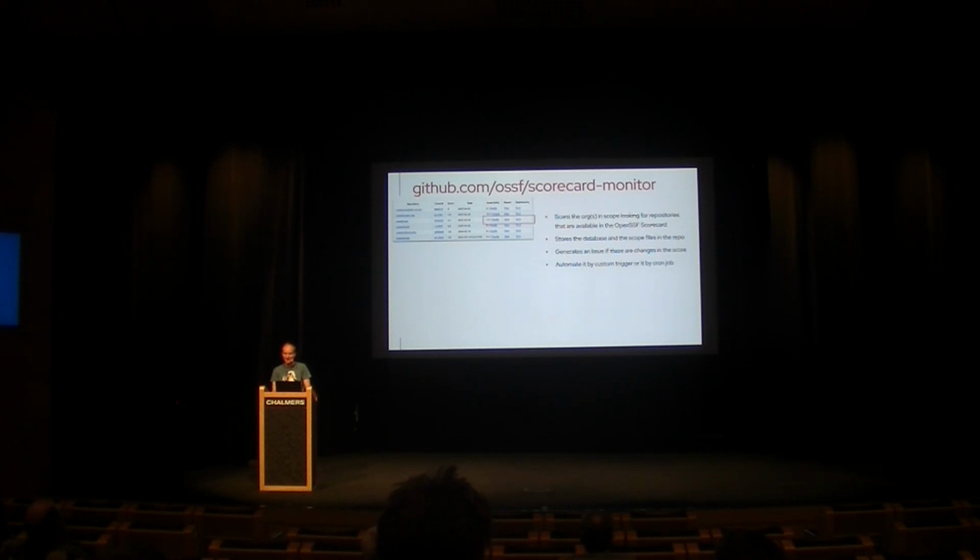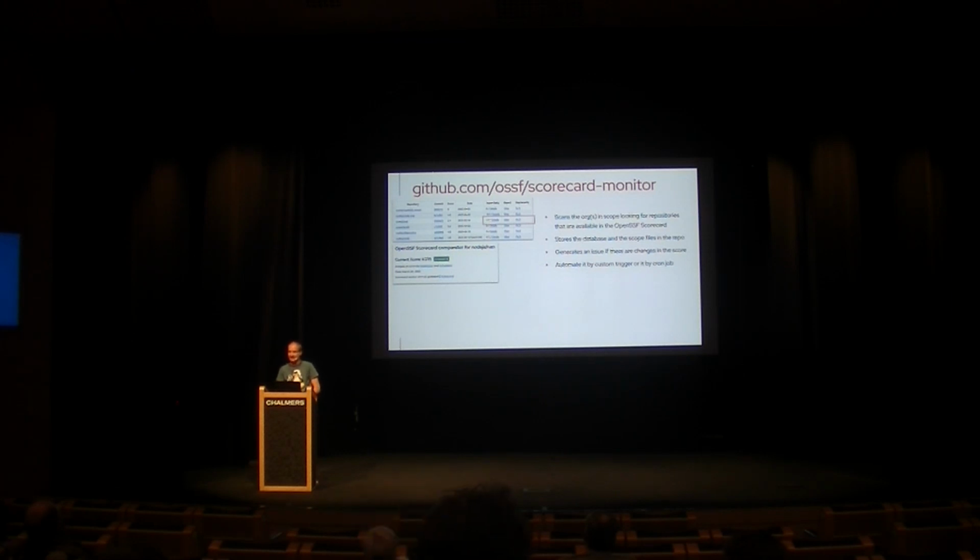It could be automated by a custom trigger or by a cron job running inside the CI system or action, for example. And for each scan, for each commit, it shows you the scorecards, so that you can compare them to the previous versions, right? Whether or not there were some improvements or otherwise, which is quite handy, which is quite good.